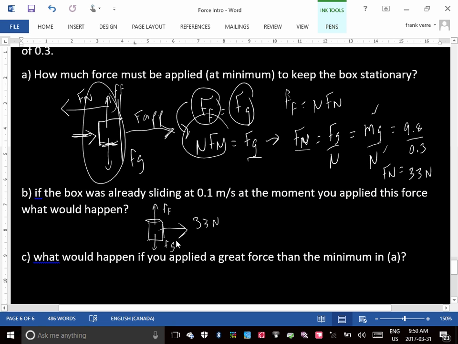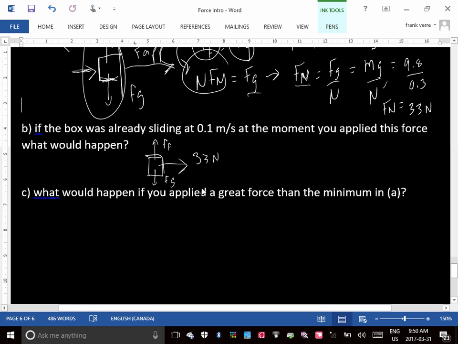So the net force then would be what? 0. And if it's already moving, then Newton's first law says it should be what? Moving at a constant rate. Remember, if it's already moving, net force is 0, moving at a constant rate.